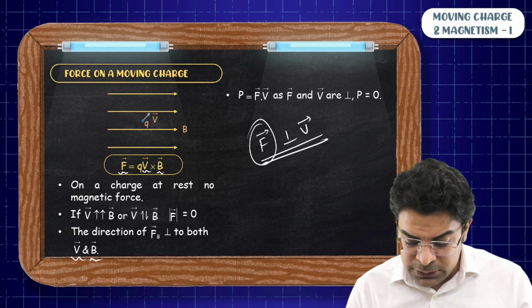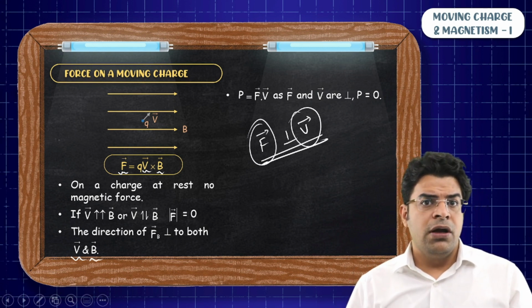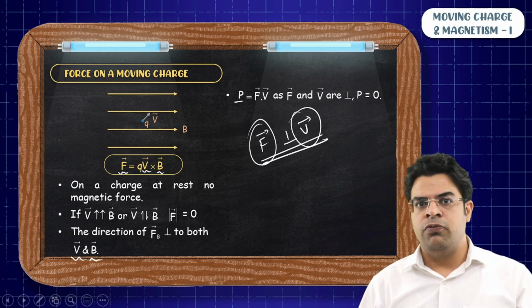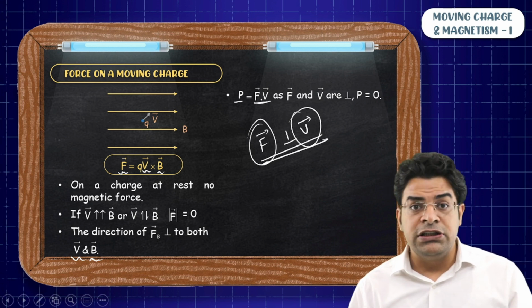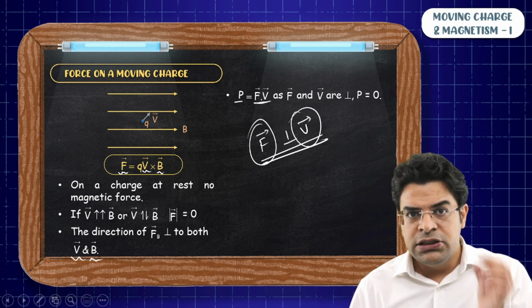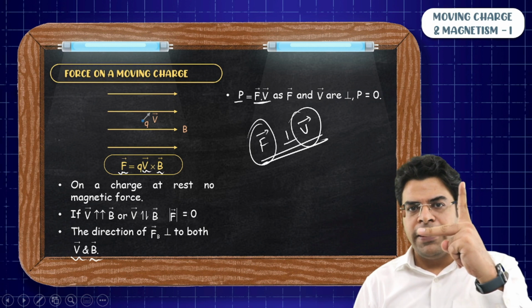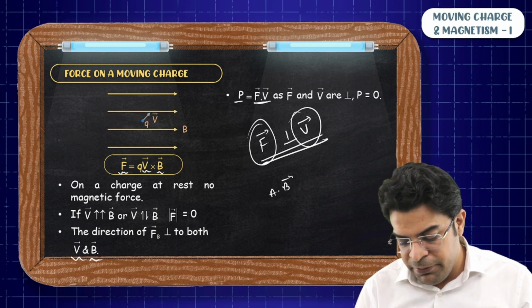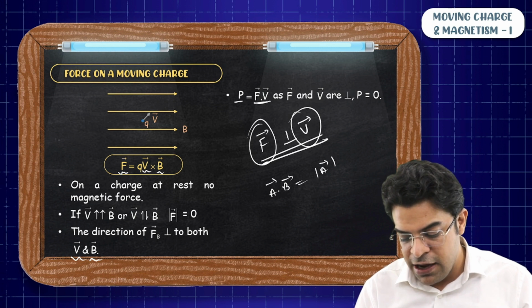As the force is perpendicular to velocity, I know that the power delivered by the force has to be 0. Why? Because the power delivered is nothing but force dot velocity. Since force and velocity are perpendicular, the angle between them is 90, and we know that A dot B is nothing but magnitude of A into magnitude of B into cos of the angle between them.